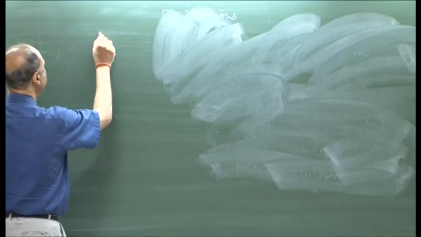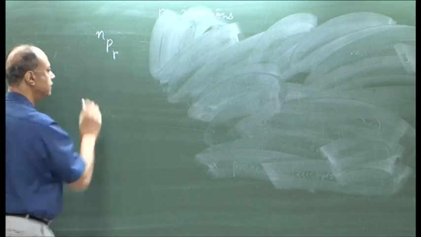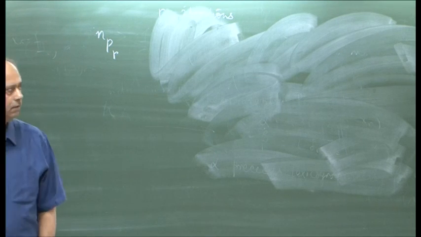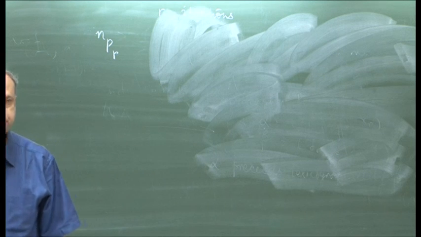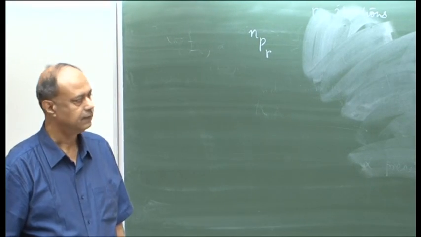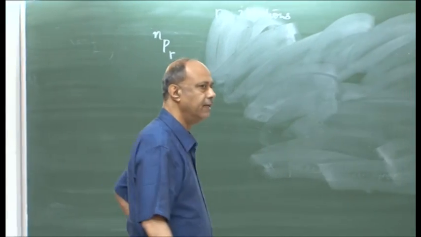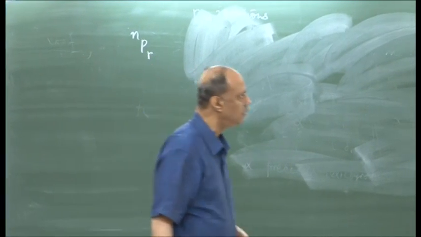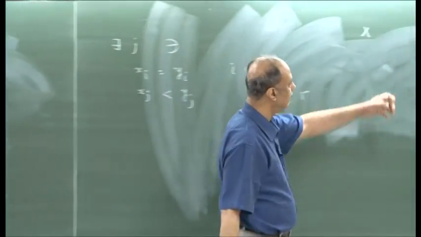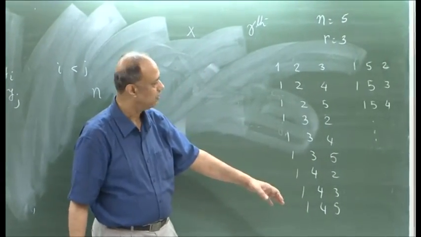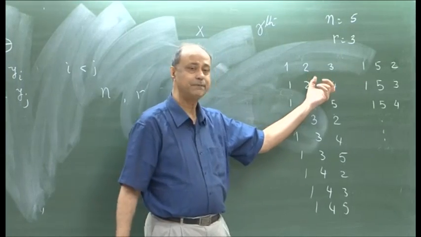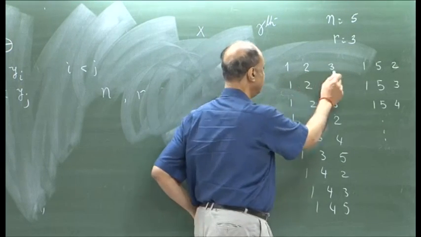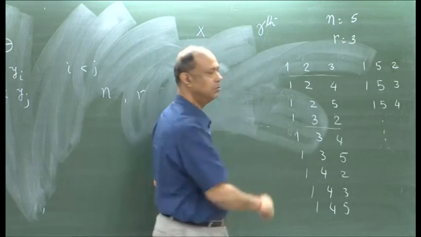Now, one thing you observe: if I have nPr permutations, this permutation makes use of the arrangement of R elements, right? But it is not like combinations. You can think that in this case, it obeys certain distributions. All of them will be there, irrespective of the same occurrence of the elements. Say 1, 2, 3 and 1, 3, 2.